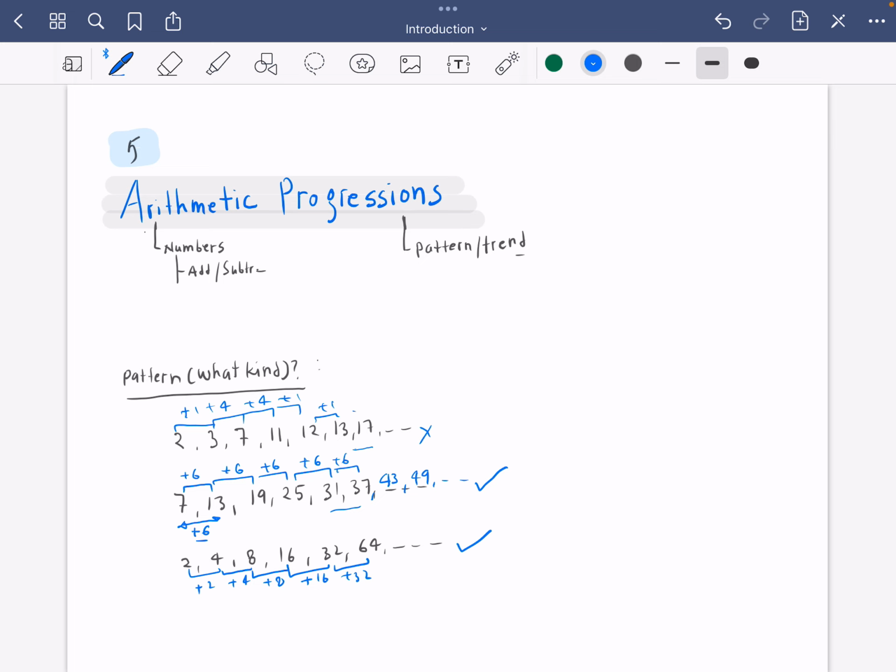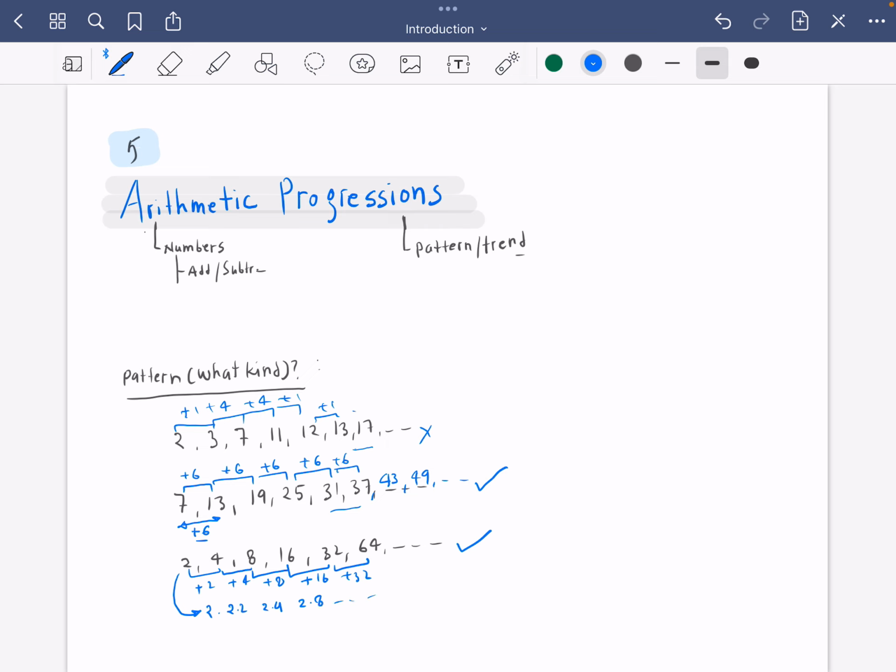Well, more accurately, you can write this kind of series this way: the first number is 2, the second number is 2 times the previous number. The third number is 2 times the previous number, that is 2 times 4. And the next number is 2 times the previous one, that is 8, and so on.